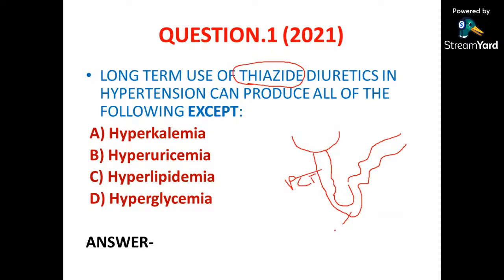This is loop of Henle and this is distal convoluted tubule. So on the distal convoluted tubule, thiazide diuretics will show its action.